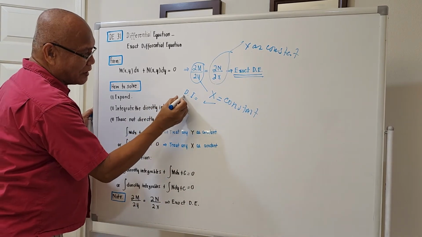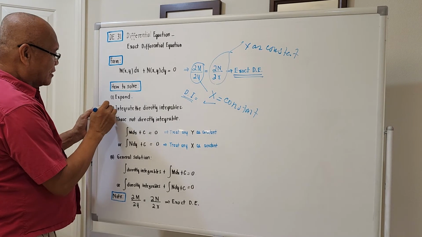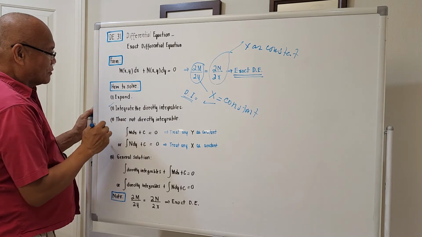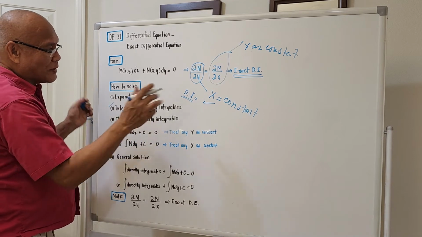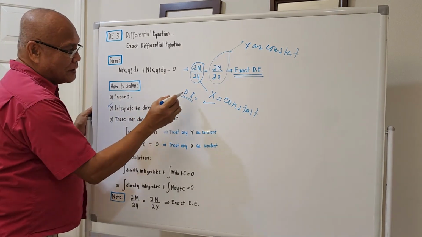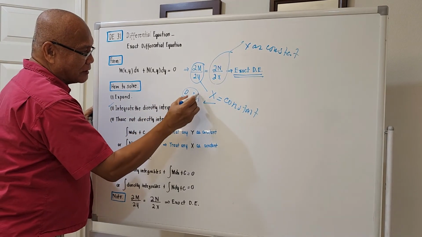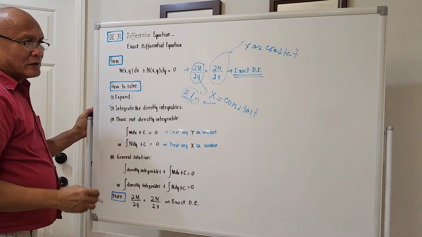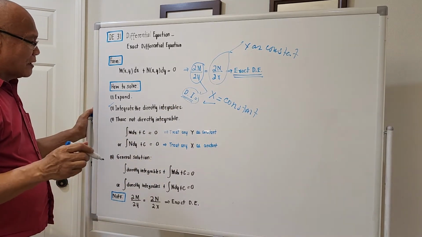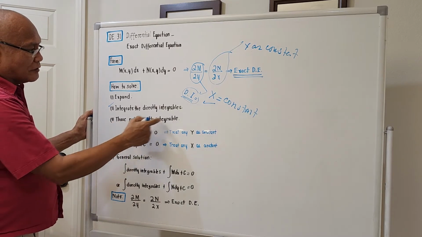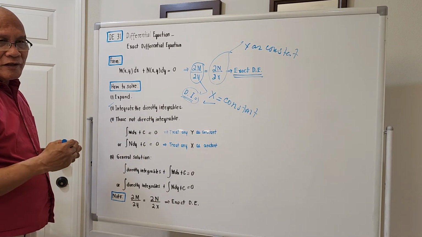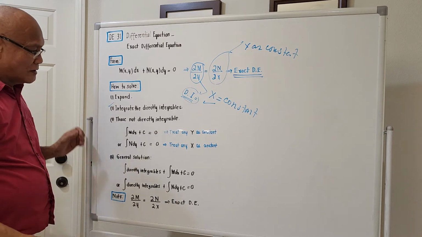So under step number 2, integrate the directly integrables, because after the expansion, whether we like it or not, there are terms which are directly integrable. And for those not directly integrable, that is step number 3. Those not directly integrable, the solution is something like this.